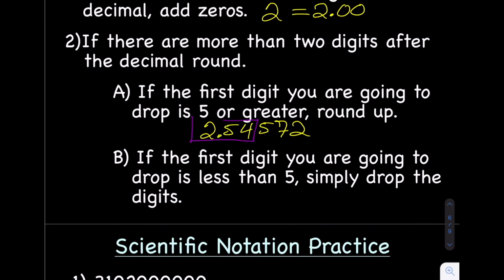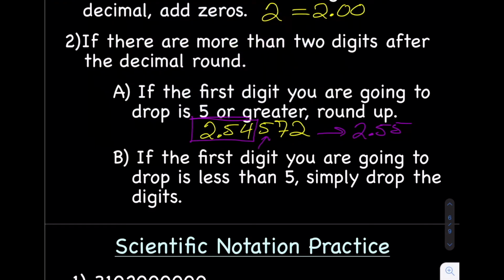So we're going to keep these. Look at the first digit you're going to drop, which is a 5. It's 5 or bigger, which is going to turn our 4 into a 5. So we're going to end up with 2.55. Okay?